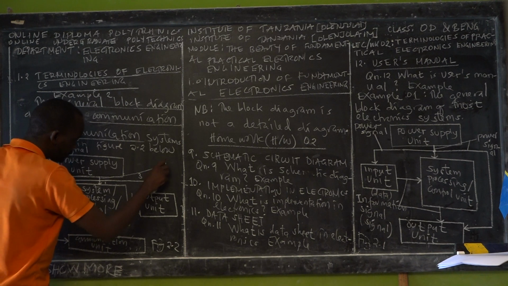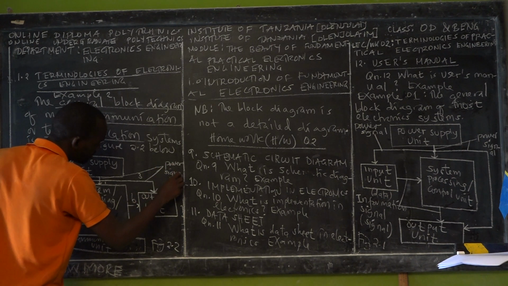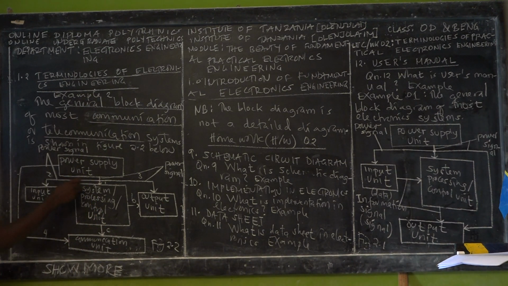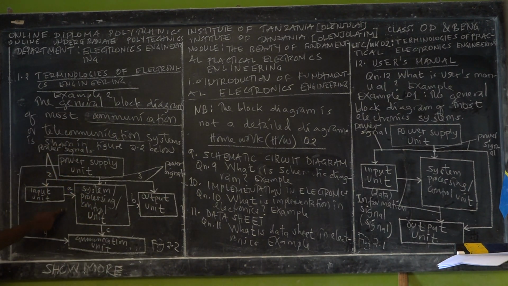This is also a power signal. Power signals, so plural. What are the names of this and this and this? Information signal. So A, B, and C are information or data signals.